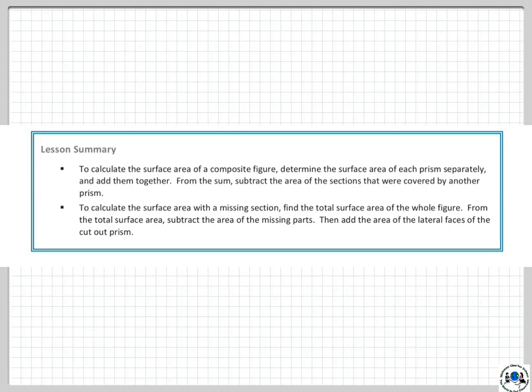In summary. To calculate the surface area of a composite figure, determine the surface area of each prism separately and add them together. From the sum, subtract the area of the sections that were covered by another prism. We saw that happen a couple of times. And then to calculate the surface area with a missing section, find the total surface area of the whole figure.